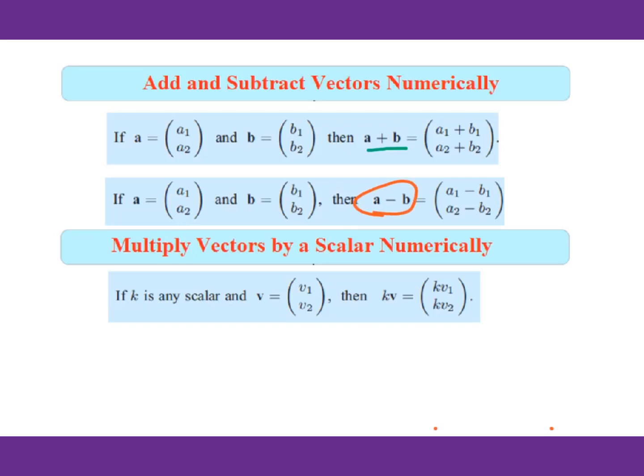Just find the difference of the corresponding components. For multiplication, if k is any scalar and v is a vector, you will get kv equals kv1, kv2, which means this scalar will multiply both the horizontal and the vertical component.